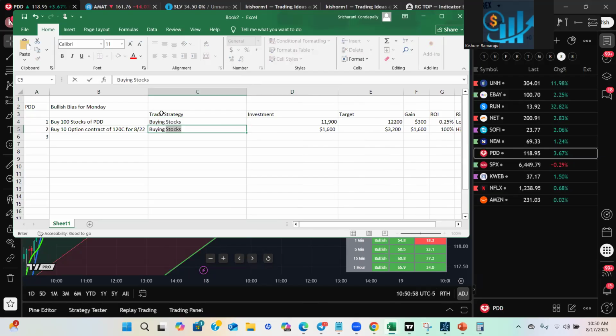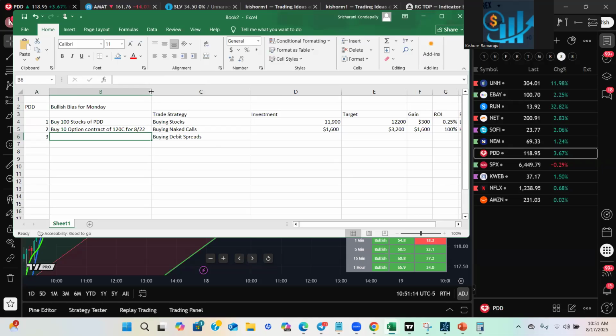This is buying naked calls. The next option is buying debit spread. So in debit spreads, what you do is you have a small account. You want to reduce, even you don't want to invest this much.